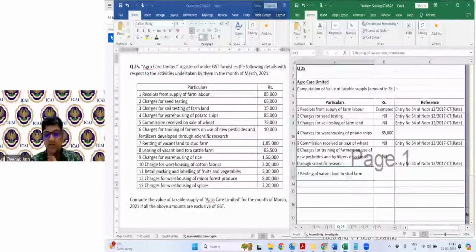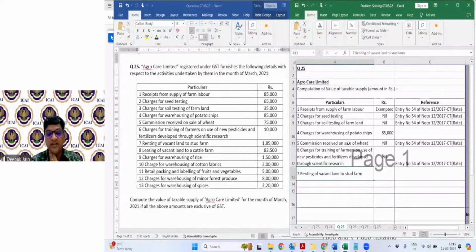Seventh one, Mayur Gupta is saying exempt. What about others?